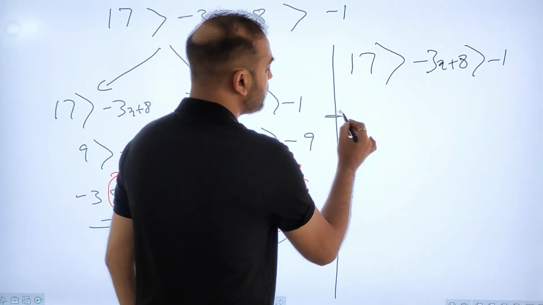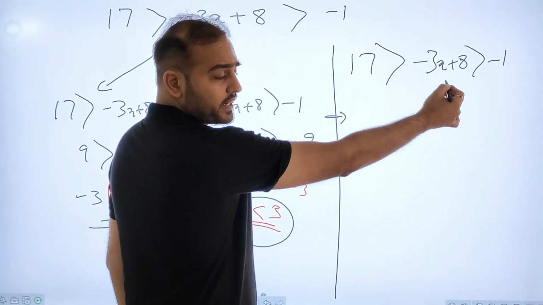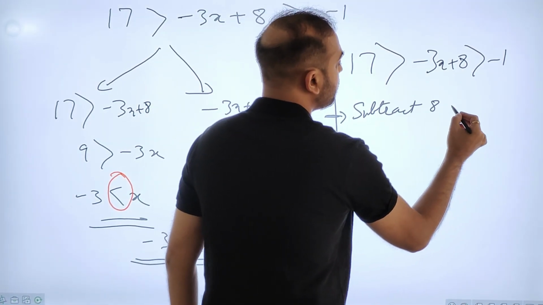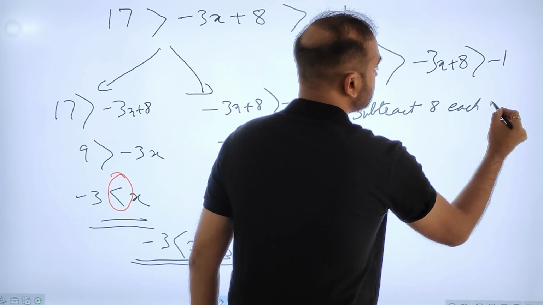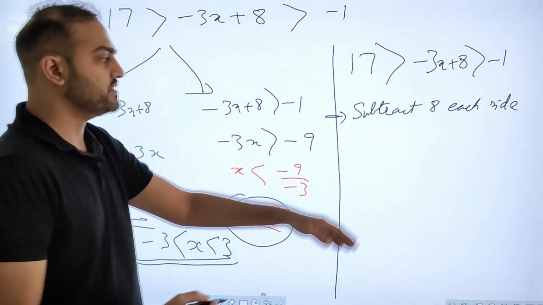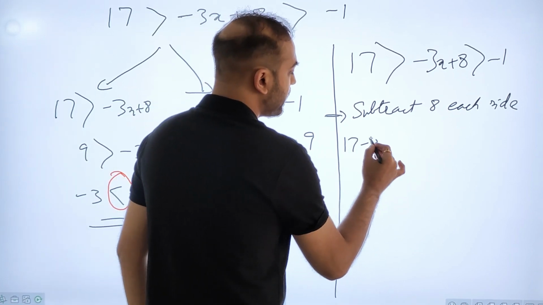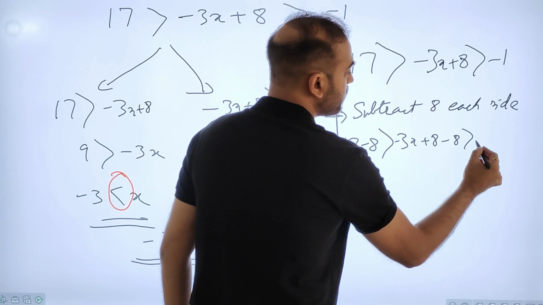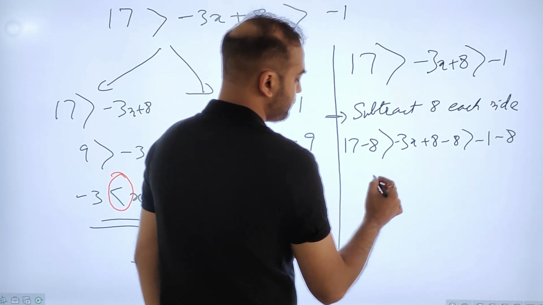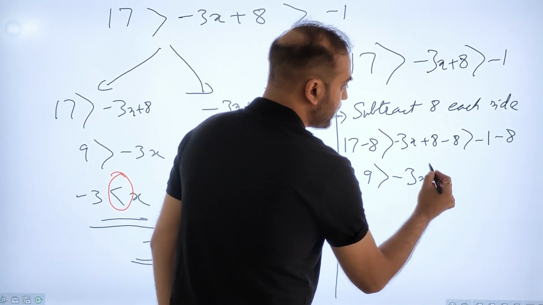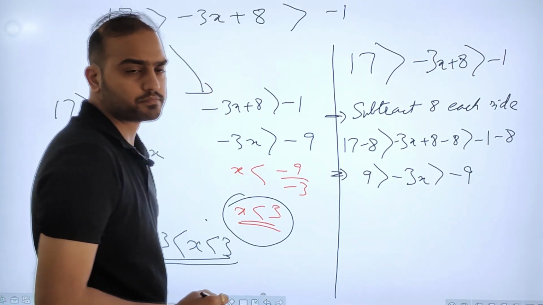Step number 1, I don't want this 8, so I subtract 8 from each side. So I subtract 8 from all of these. I get 17 minus 8, minus 3x plus 8 minus 8, minus 1 minus 8. If I solve that, that is 9, minus 3x, minus 9.